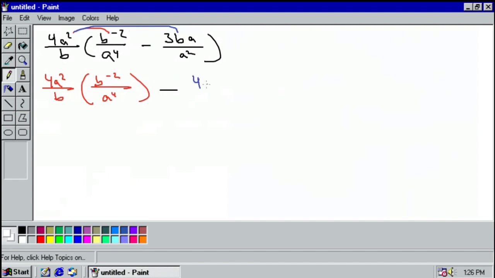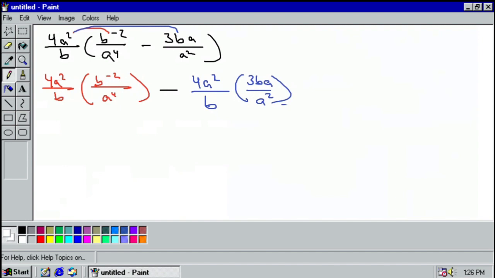So 4a squared over b, times 3b over a squared. Now we can just multiply it like this and like this.